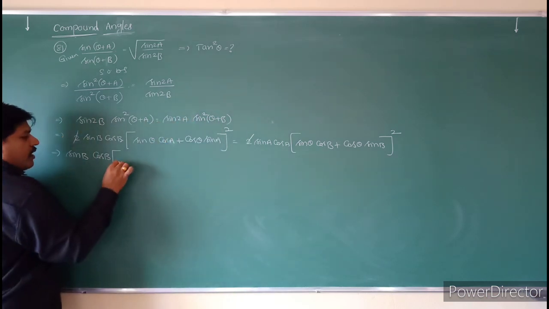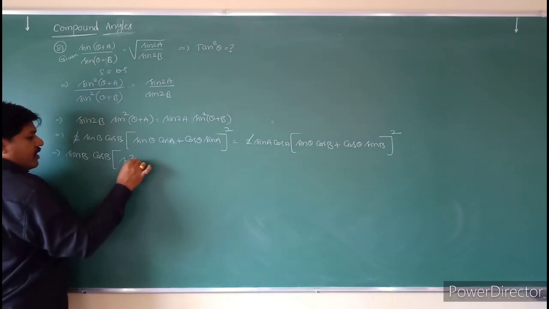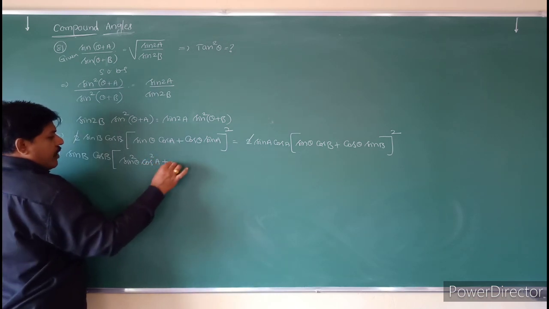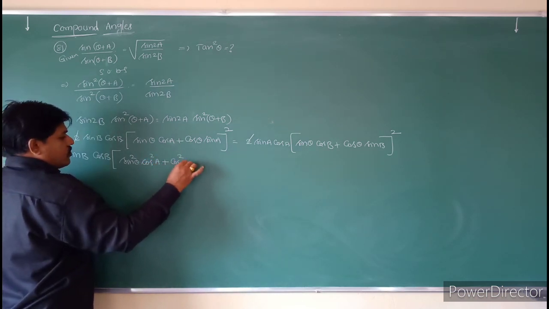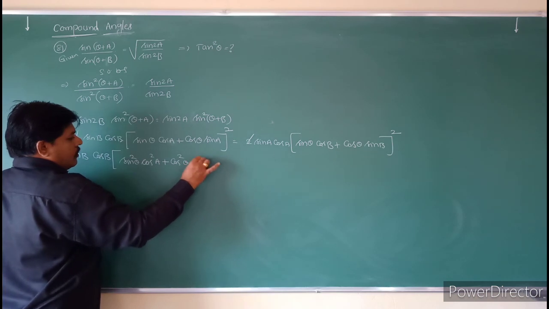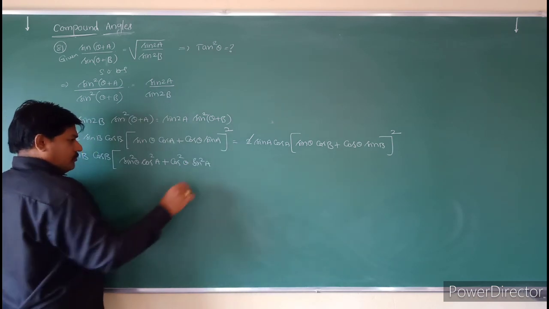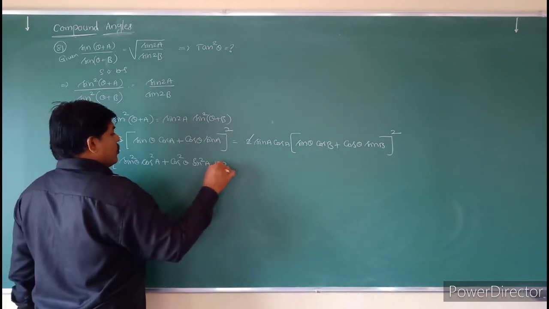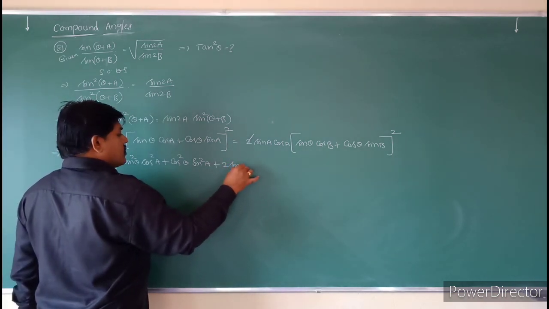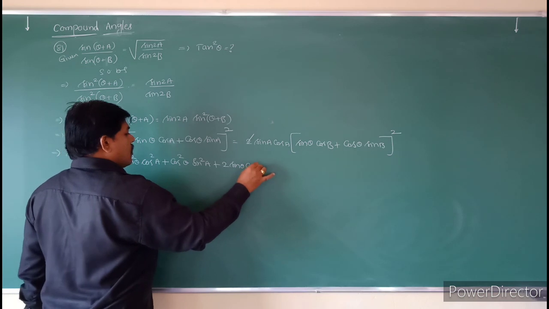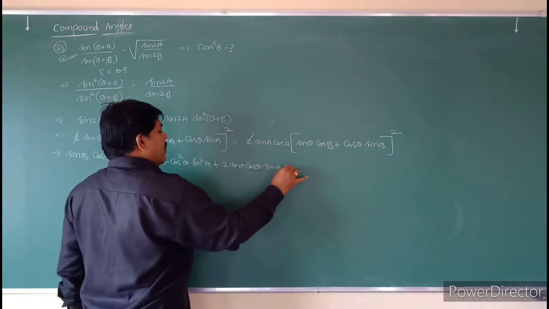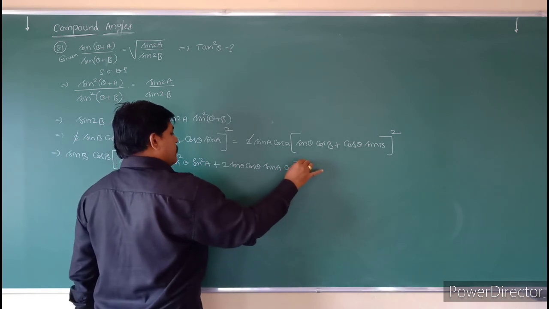What is that? a square sin square θ cos square a plus b square cos square θ sin square a plus 2ab. 2ab is nothing but 2 into sin θ cos θ sin a cos a.